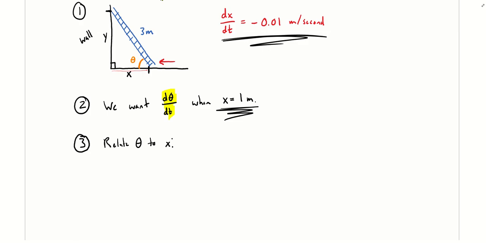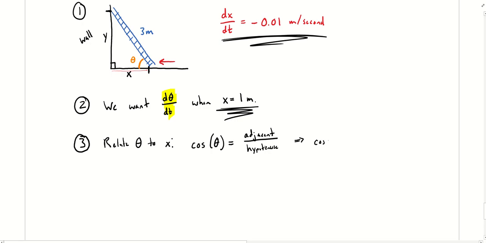So cosine of theta is going to be equal to my adjacent side, x, over my hypotenuse, 3. So a relatively easy relationship expressed between theta and x.